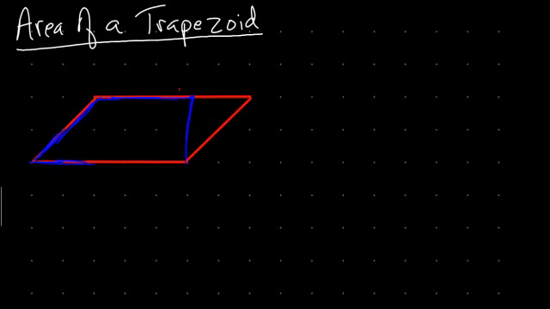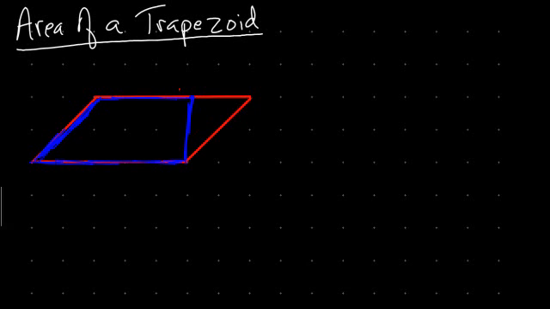Okay? So we no longer have a parallelogram because this side over here on the right is not parallel to that side. And so really you can think of a trapezoid as a parallelogram that's been distorted a little bit, and you're no longer parallel. Okay?